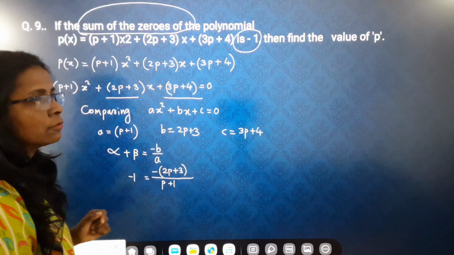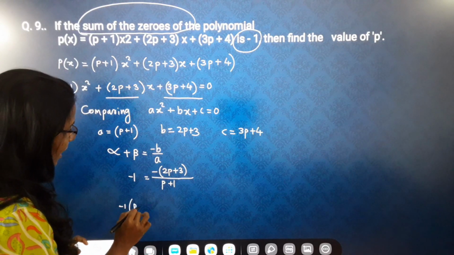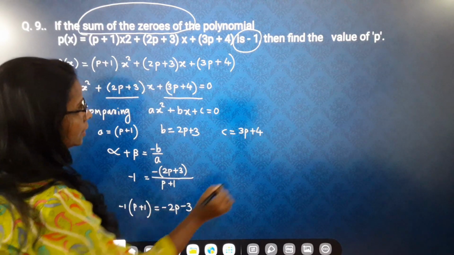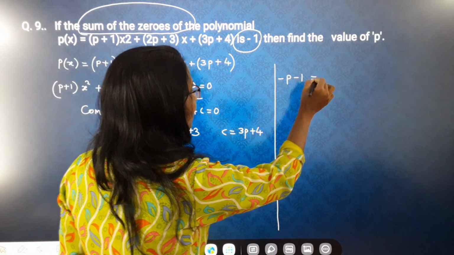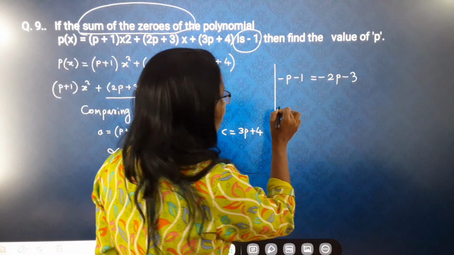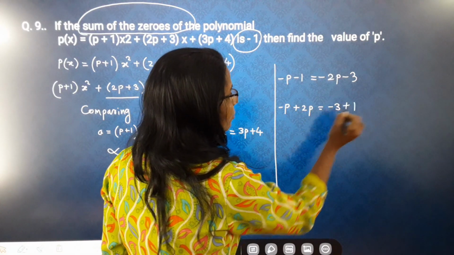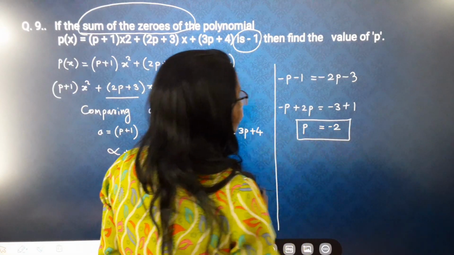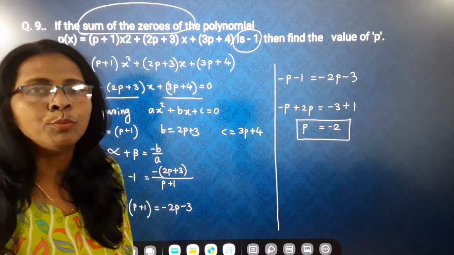Then cross multiply: p plus 1 is equal to minus 2p minus 3. Then minus p minus 1 is equal to minus 2p minus 3. So minus p plus 2p is equal to minus 3 plus 1, that means p is equal to minus 2. In such a way we can solve it, the value of p is equal to minus 2.